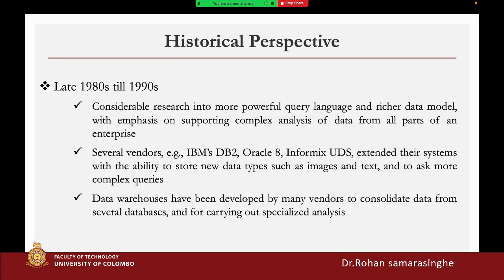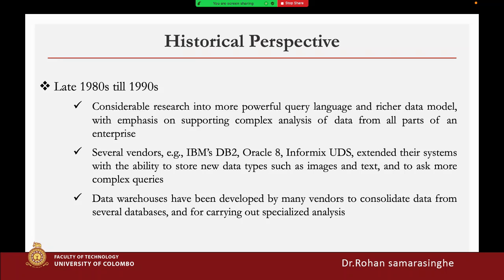So the different vendors adopted this relational model. Actually, IBM was the main one, and DB2, Oracle. Some of them are commercial databases, so if you want to use them, you have to purchase a license, especially Oracle, Informix, like that, and IBM also.